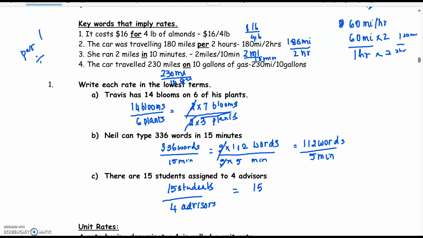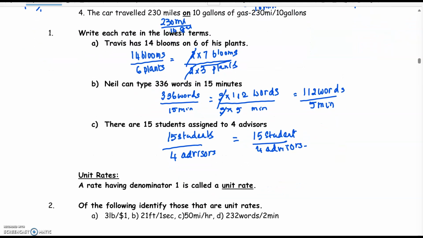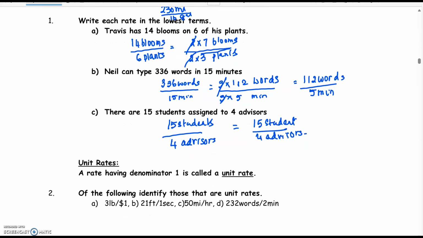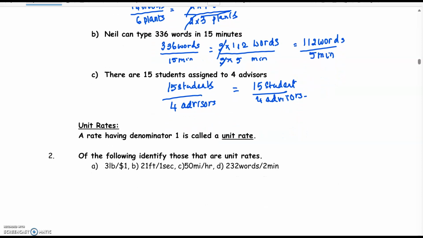Cannot simplify the fraction any further. So 15 students to 4 advisors. So we're writing each of the rates. Rates are nothing but ratios in the lowest terms. That's what we've done so far.